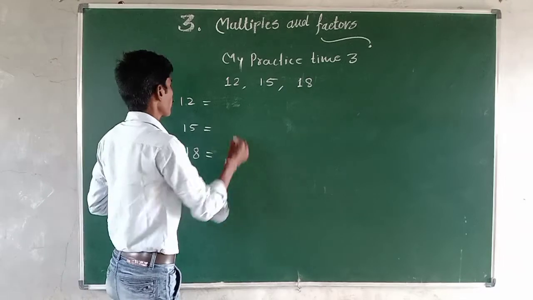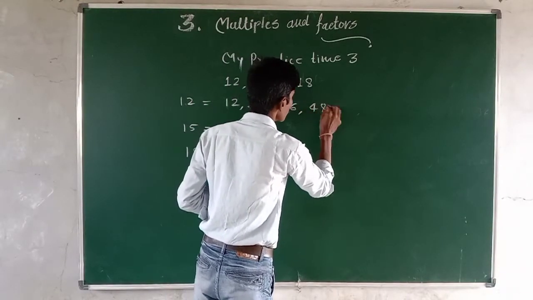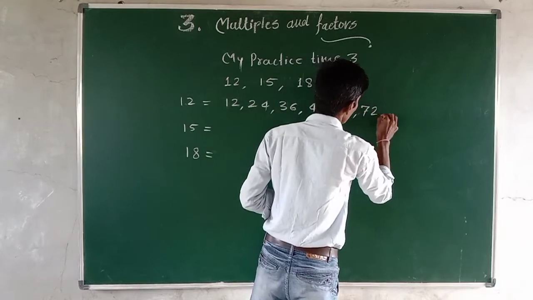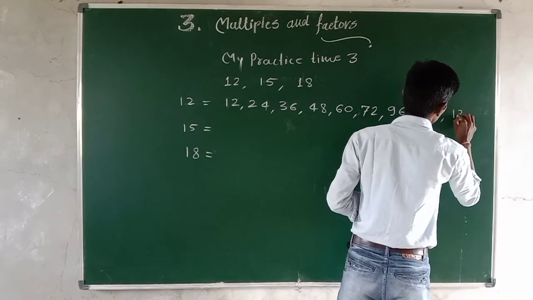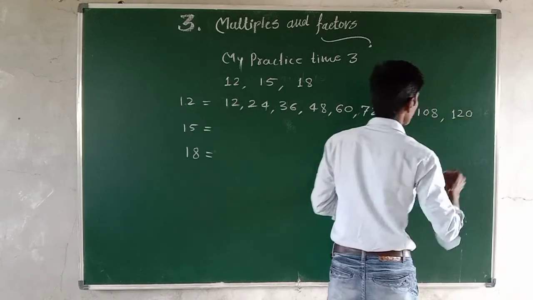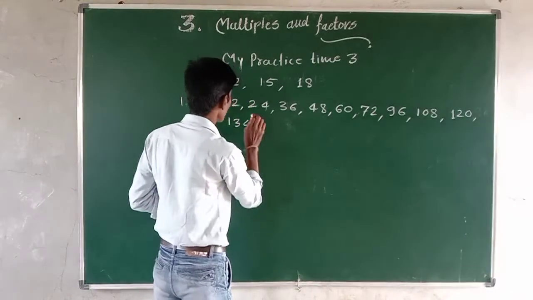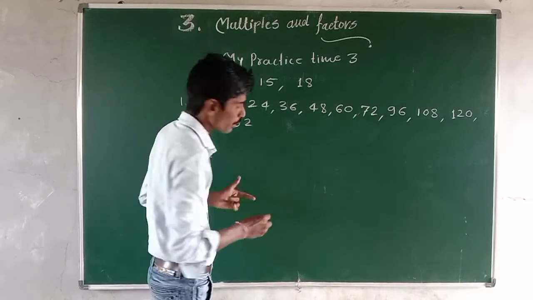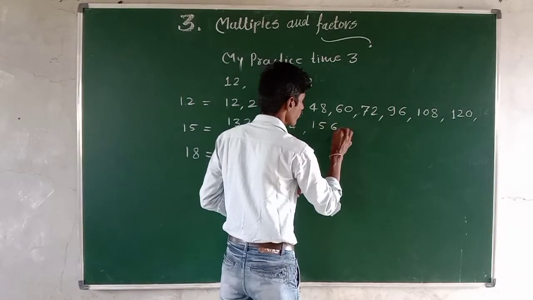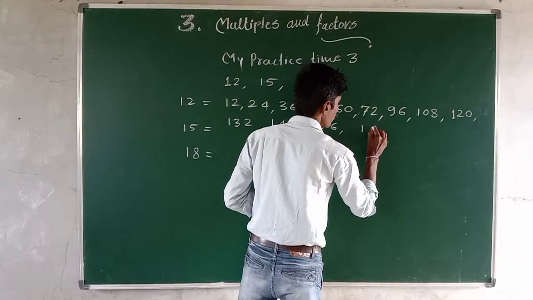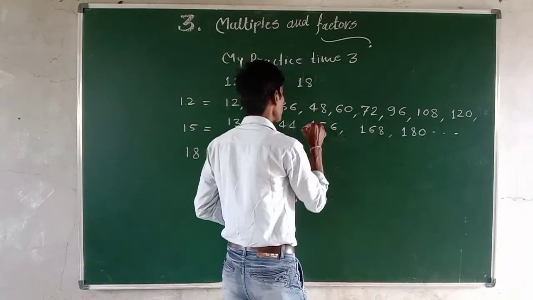The multiples of 12 are 12, 24, 36, 48, 60, and so on up to 144, 156, 168 and 180. This is the list of multiples of 12.